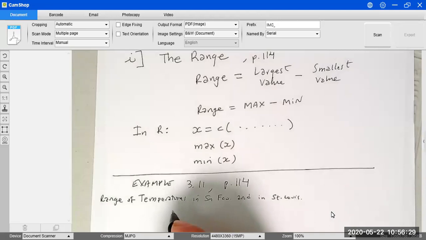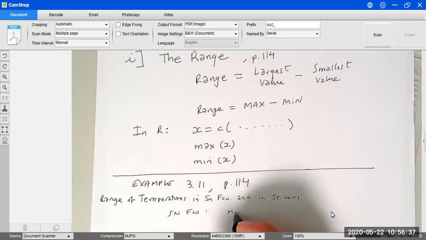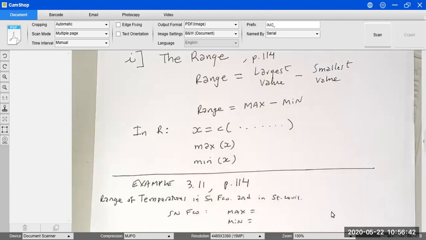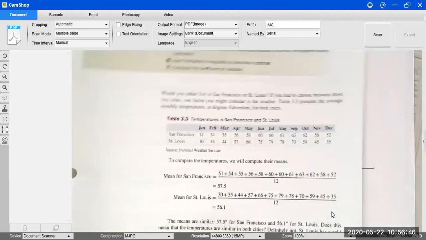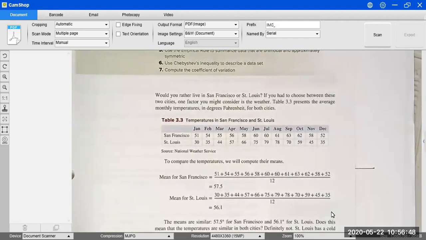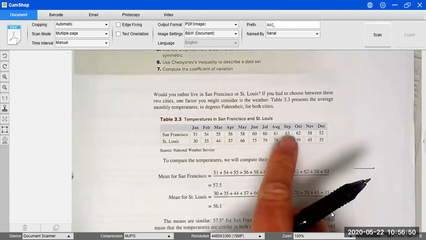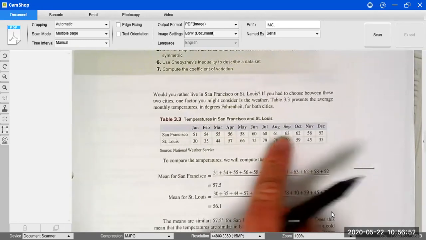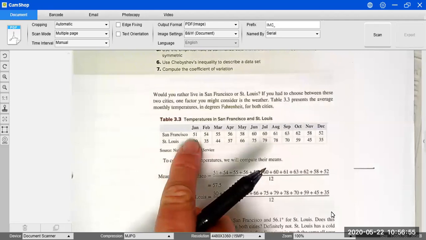You can see from the table that we can find the maximum and the minimum just by checking the list. For San Francisco, the maximum value is 63, the minimum value is 51.